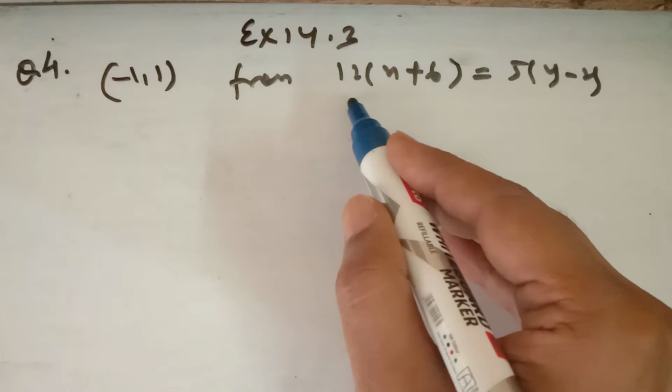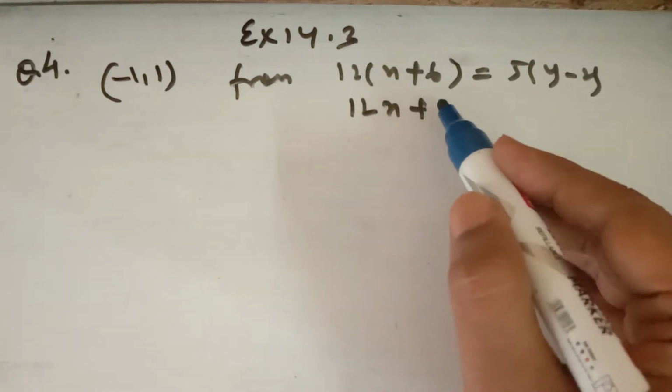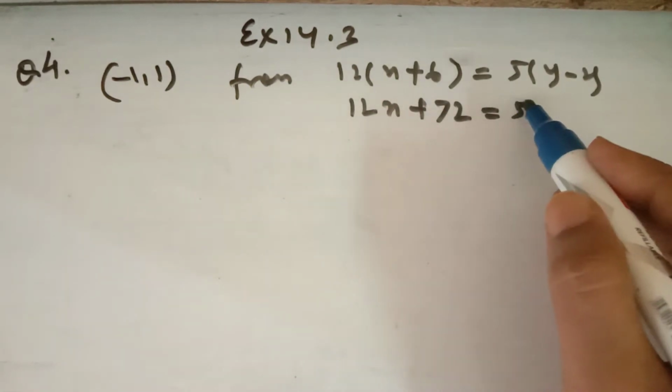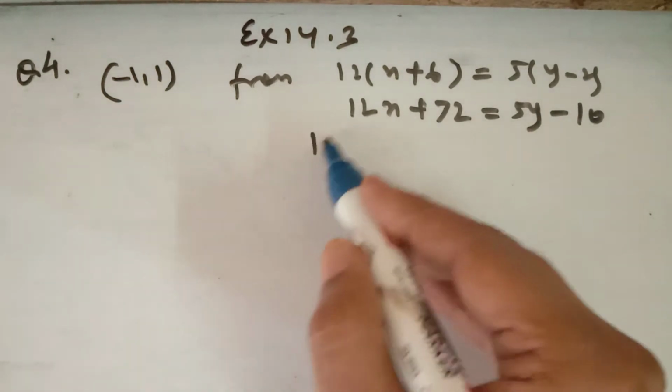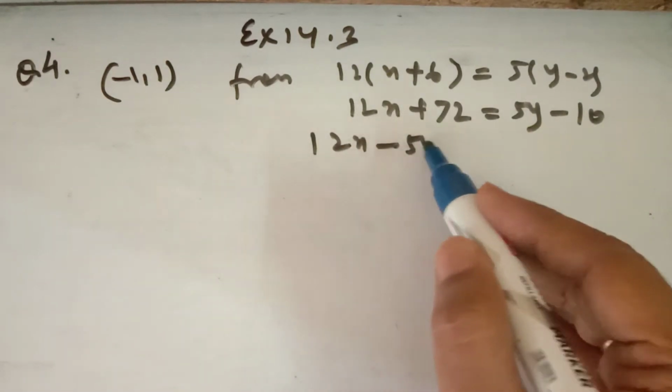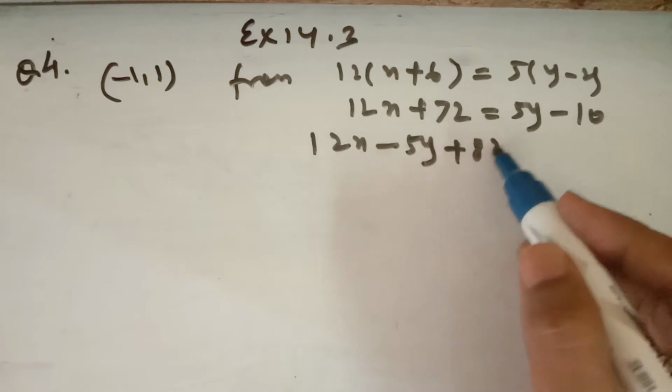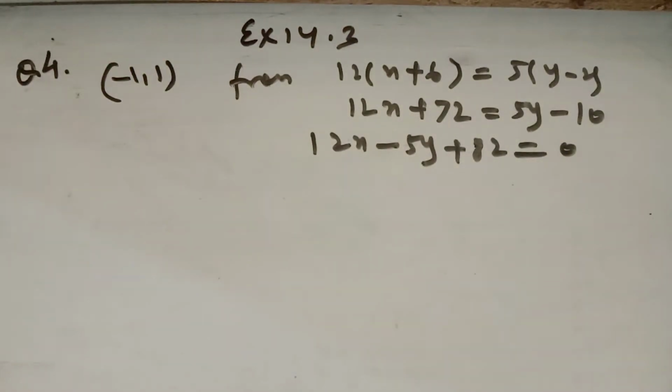First of all you have to write the equation in the standard form, which comes out to be 12x - 5y + 82 = 0.